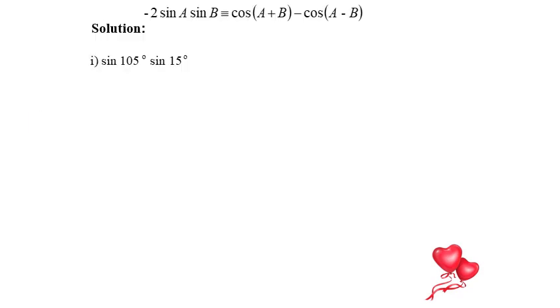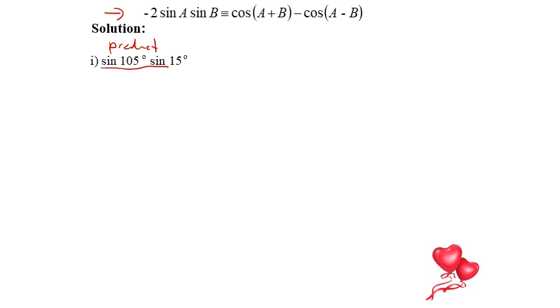Now we solve the example, and you notice it's actually the same situation for this product as in the previous question, which is also sine times sine. So again, we will use this formula.